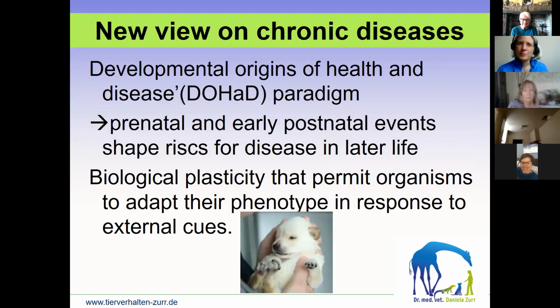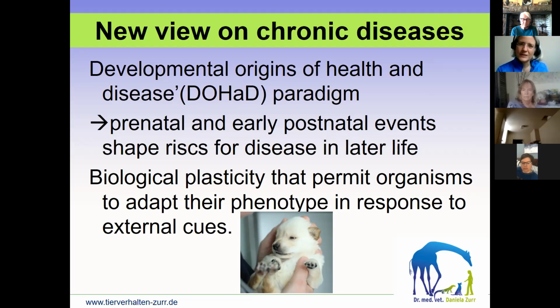So there's one point about chronic disease, and this has quite a big name: the developmental origin of health and disease paradigm. What this means is just that many of the problems we see in later life actually happen because of events during pregnancy and early after birth.